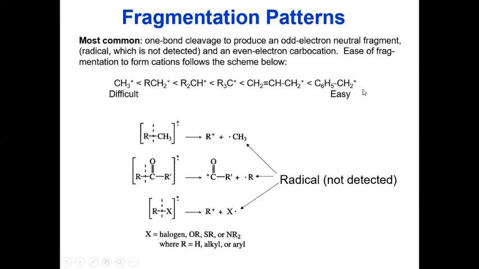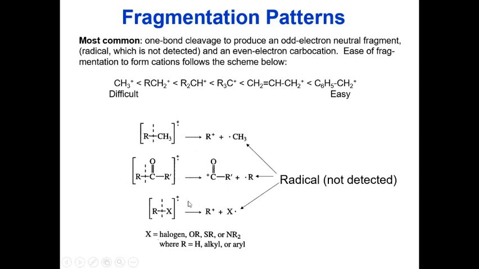And molecules having a phenyl group have an even easier fragmentation pattern. These are examples of molecules directly fragmenting at the bond between, for example, an alkyl group and this carbon.